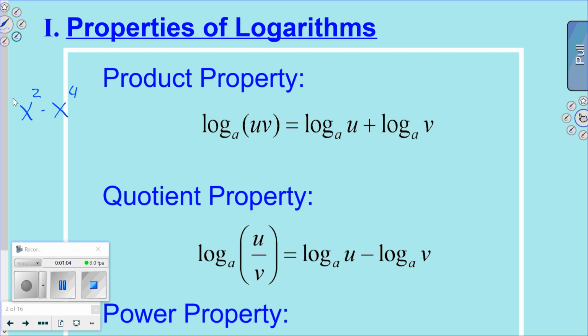Same kind of idea when you're talking about logarithms. Log base a, it's just whatever the base is, of u times v. We can split that so that there's a log base a of u plus log base a of v. So I can take multiplication and split it apart and put a log on every single piece that's being multiplied. So this is called expanding.